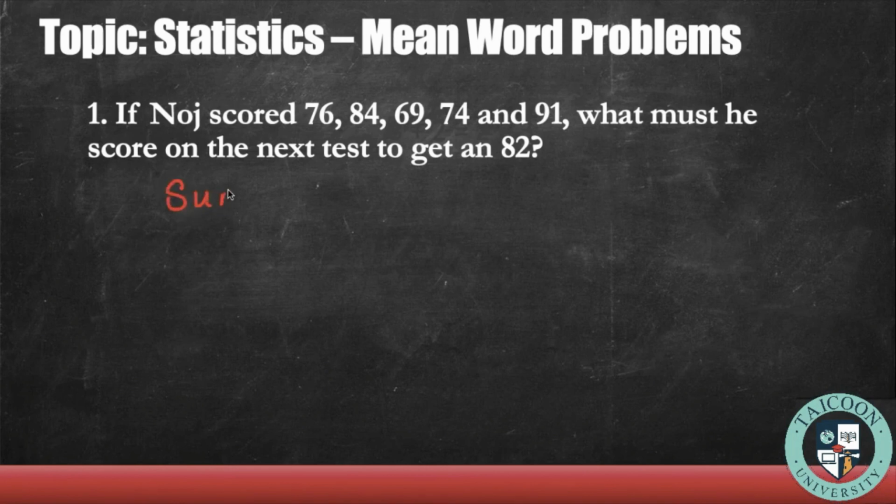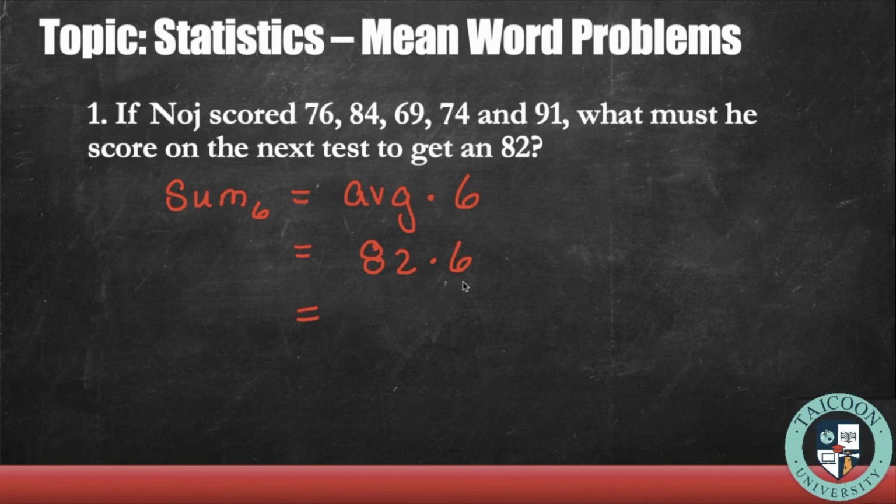The sum of 6 scores is going to be equal to the average times 6, which is the total number of exam scores that we want to work with. So we're going to multiply 82 times 6. This is going to give us the sum of all 6 test scores. Remember, we don't know what that 6th test score is, but it would be helpful to us if we knew what the total sum needs to look like.